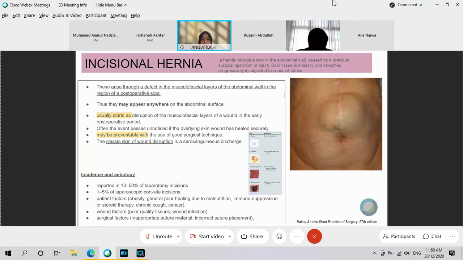Doctor, for the pathogenesis, what I understand is because of the surgery, and also because of patient factors, wound factors, and surgical factors. What is the pathogenesis? Just a patient having surgery is not the pathogenesis. Sorry, because I couldn't find it.